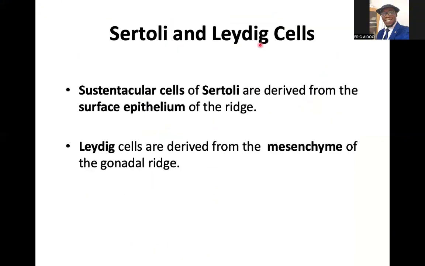So Sertoli and Leydig cells are very important structures when you are dealing with the male reproductive system. The Sertoli cells are also known as tentacular cells, and they are derived from that surface epithelium of the gonadal ridge, which gave rise to the primitive sex cords, right?